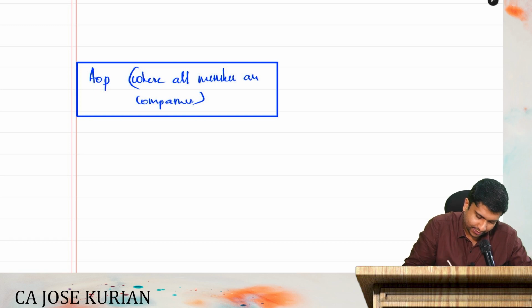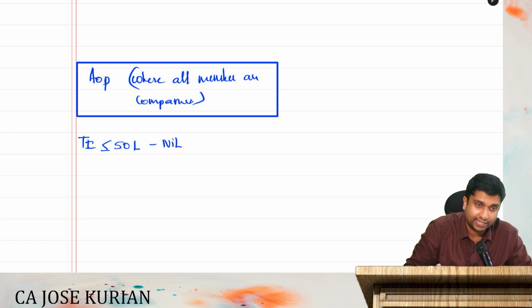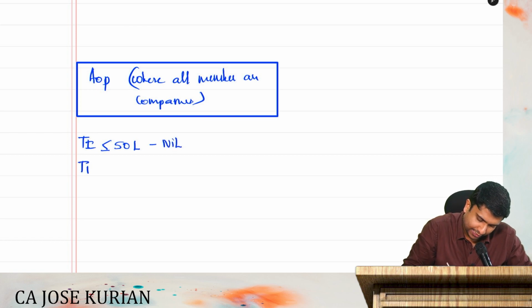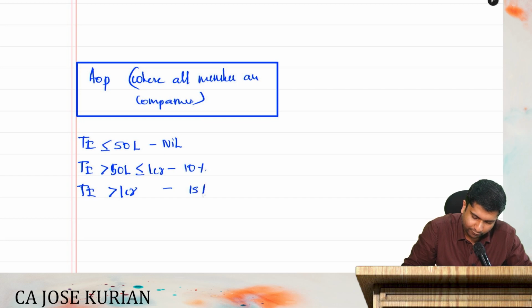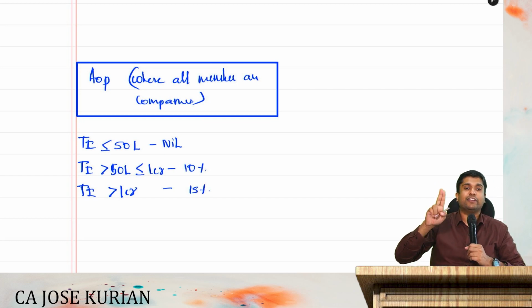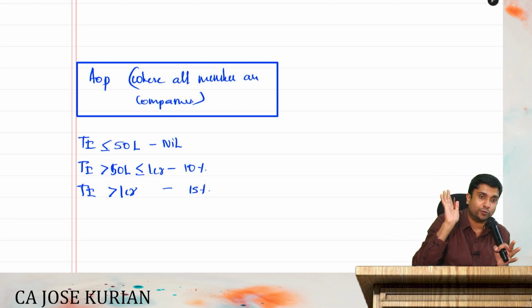What they say is, if your total income is less than or equal to 50 lakh, then surcharge is nil. If your total income is more than 50 lakh but less than or equal to 1 crore, surcharge will be 10%. If your total income is more than 1 crore, your surcharge liability will be 15%. The 25 and 37 is not at all applicable for you. For whom?